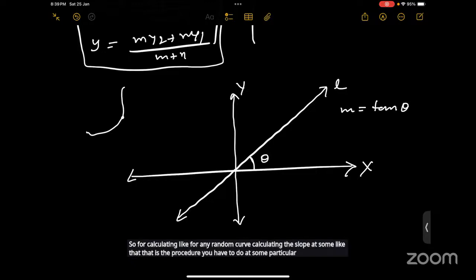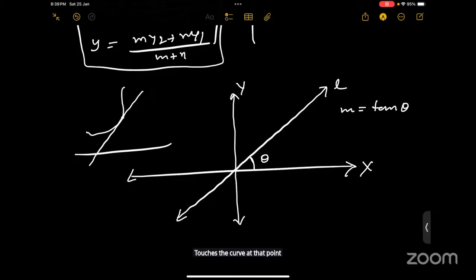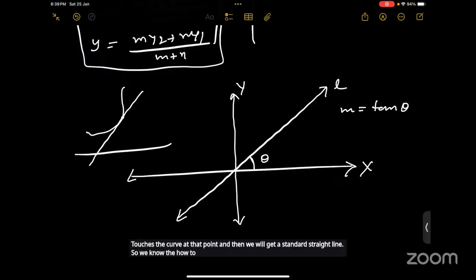That means for each point you will get a different slope. At that point you have to draw the tangent. A tangent is typically a line which touches the curve at that point, and then we get a standard straight line. We know how to calculate the slope of a straight line. It is nothing but the angle with the x-axis, and we take m equals tan theta.